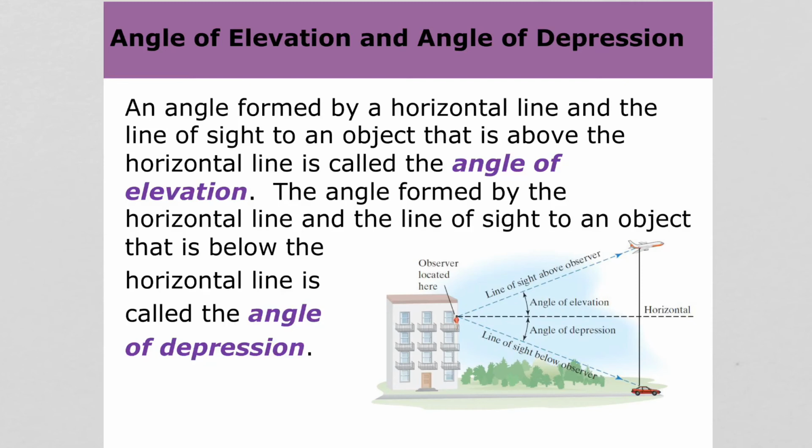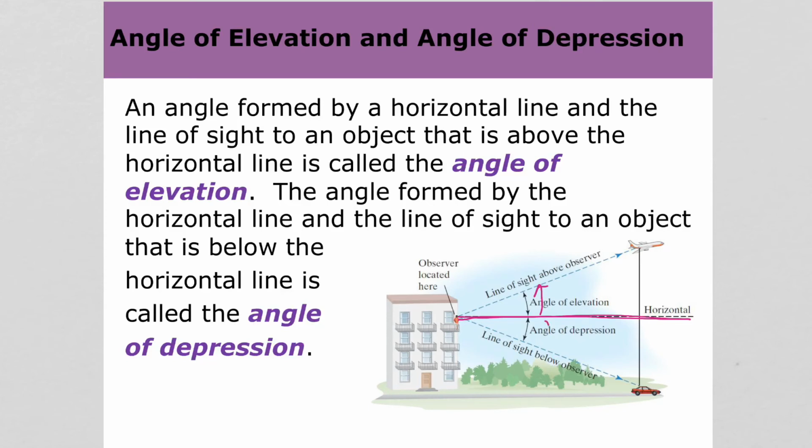Angle of elevation and depression. Basically, an angle of elevation and depression, we can create right triangles out of those. So if your horizontal is like this, then an angle of elevation is up from the horizontal.